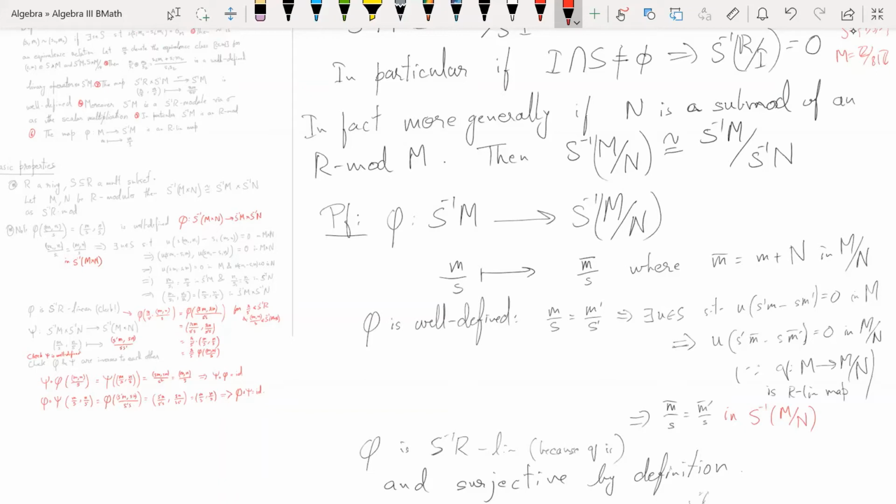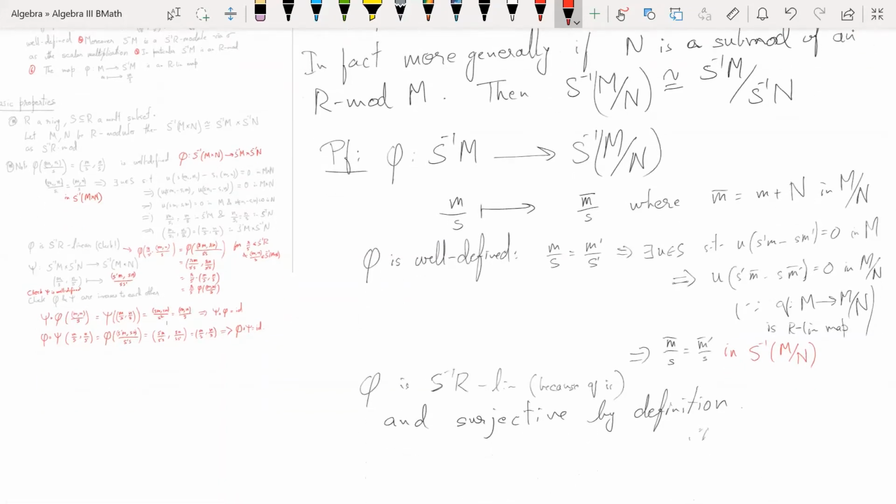So phi is well defined, and again one has to check that phi is S inverse R linear, which means you have to check that it's closed under addition and scalar multiplication, or you can do it in one go. And this again follows from the fact that Q is R linear.